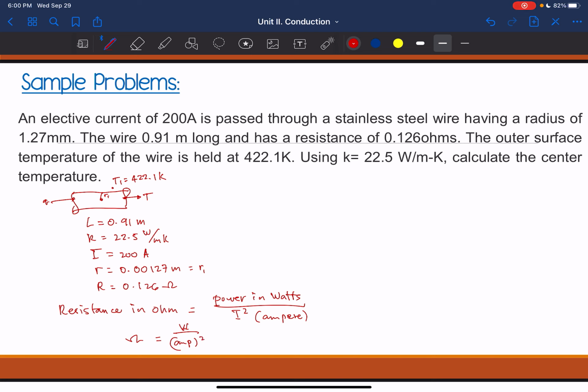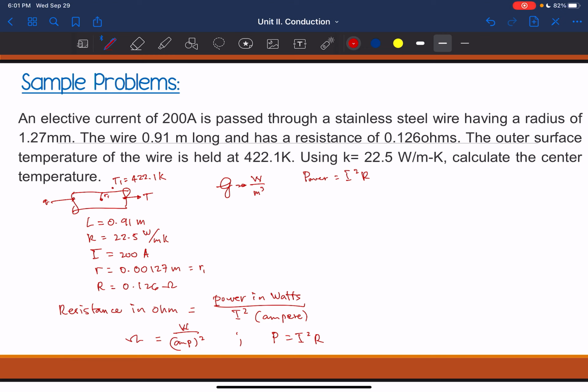Or if I am to get power in watts, power would be equivalent to current squared times the resistance. Okay? So if my power is equivalent to I squared R, take note, I need to get your G. Your G, I should arrive at an equation of unit of watt per cubic meter.